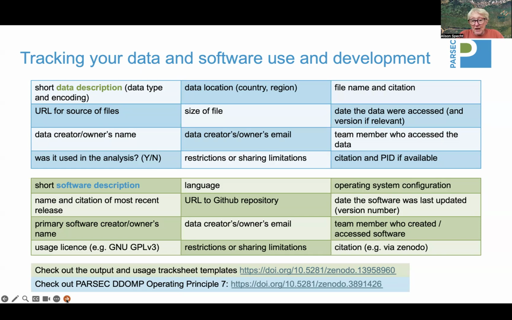So data location, where you got the data from, file name, size of file, URL for source of files, and the date the data were accessed, data creator or owner's name that may have an email, the team member who accessed the data, so that you can contact them and say, well, look, was this useful? Did you forget this? Does it matter? And was it used in the analysis, yes or no? This seems a fair bit, but actually, if it's done at the time, it's not too bad.